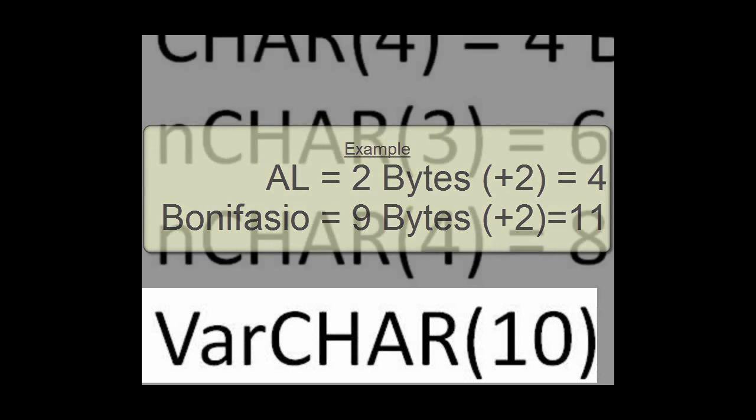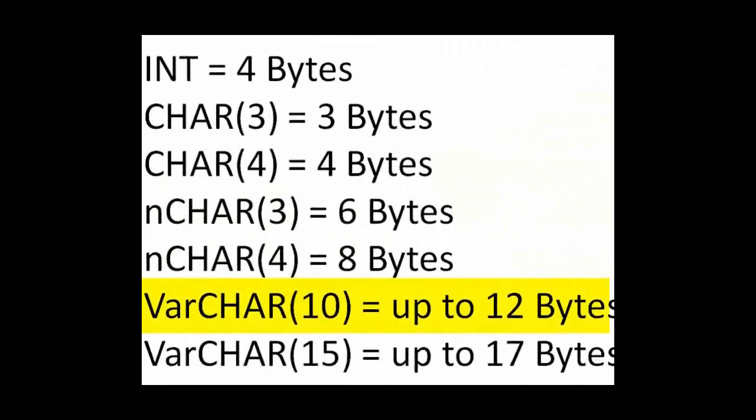So a varchar 10 could take up to 12 bytes. Now, if you only put 2 characters into it, it would take up 4 bytes. So basically, a varchar consumes 2 bytes plus 1 byte per character up to the maximum that you can fill. Therefore, a varchar 15 could take up to 17 bytes.